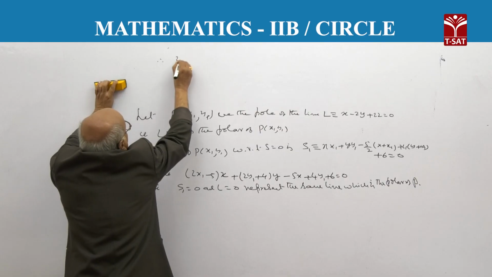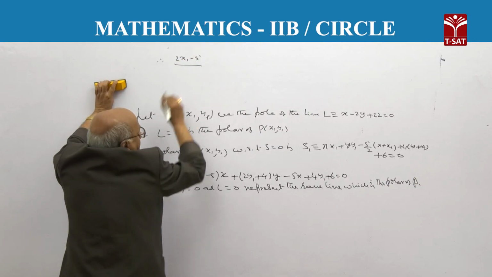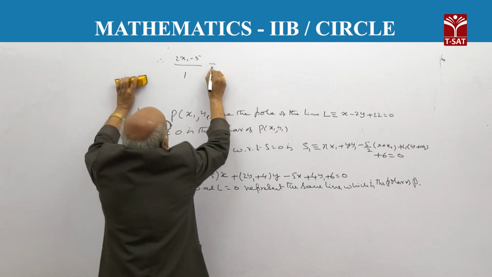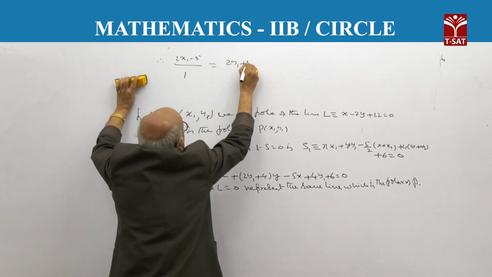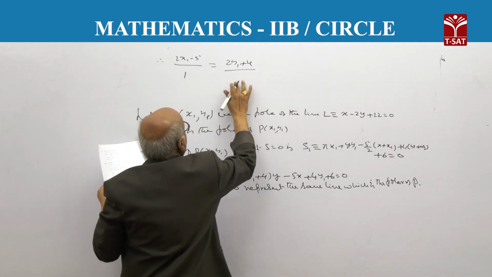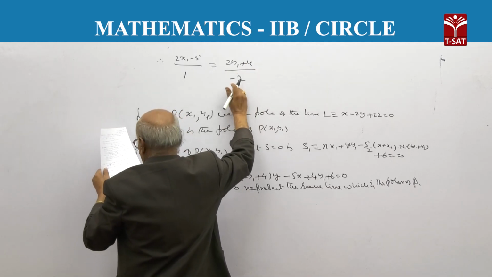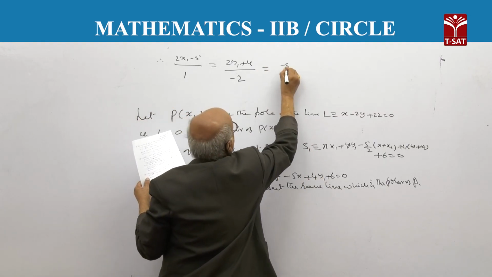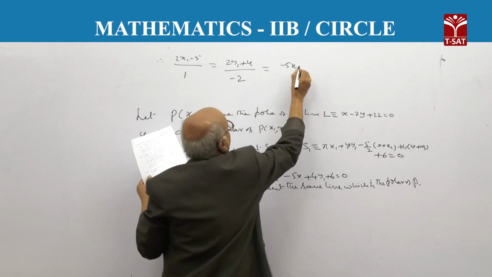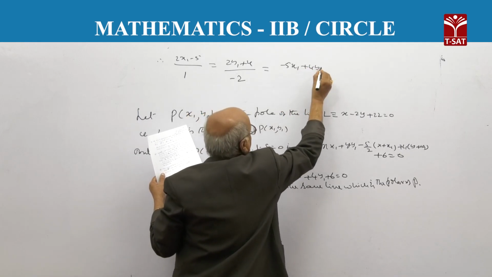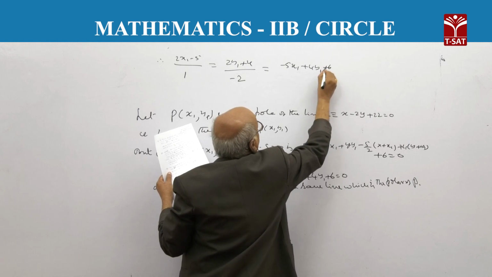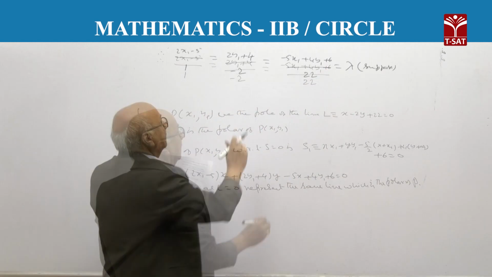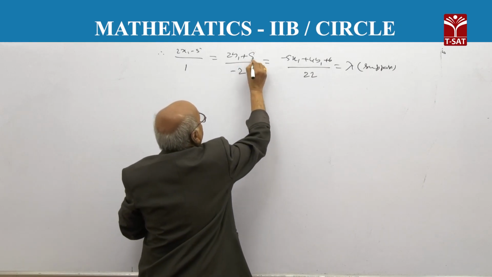So, therefore, (2x1 minus 5) by 1 is equal to (2y1 plus 4) by minus 2 is equal to (minus 5x1 plus 4y1 plus 6) by 22. So, this is lambda by 8.